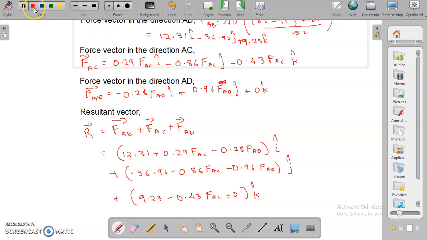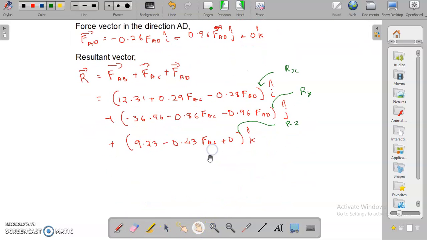So these are the resultant vector, and from here you can see this is Rx, this is Ry, and these terms are Rz.